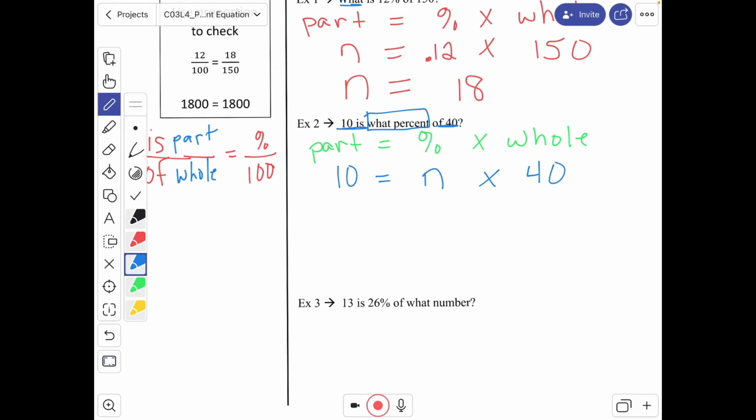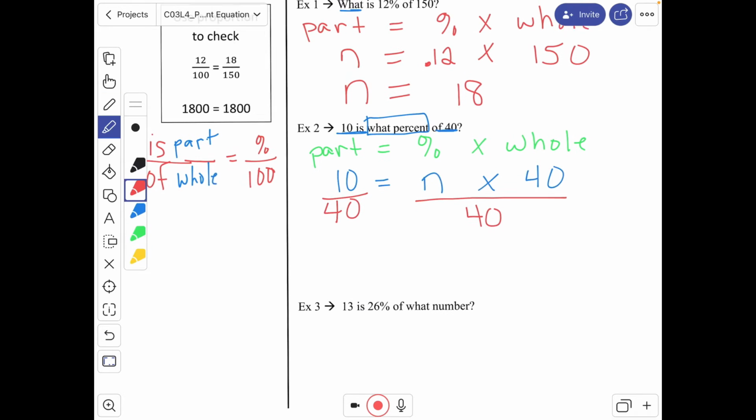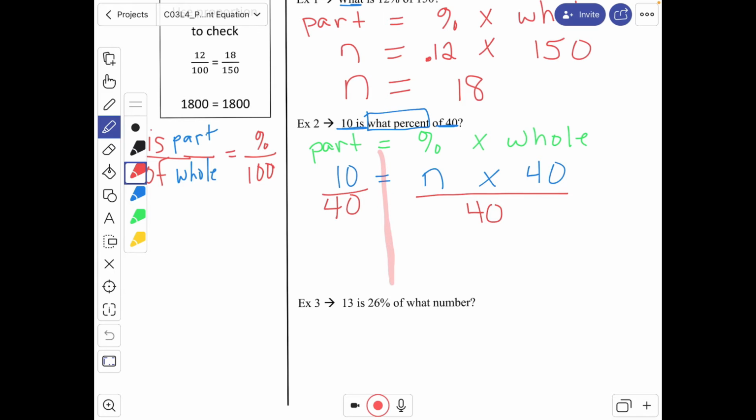Well, to figure out what the variable is, we need to get him alone. And in order to get him alone, we look at what's beside him, times 40, and we do the opposite. So the opposite of times 40 would be to divide by 40, and we show division like that. But if you do it to one side of the equation, you must do it to the other side. The equal sign is my divide, so I have to do it to one side and then to the other.